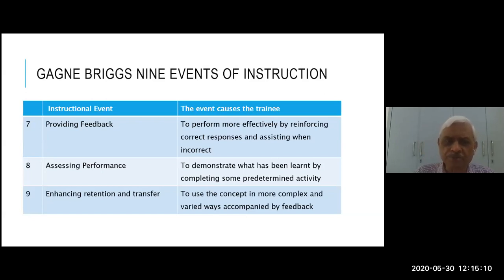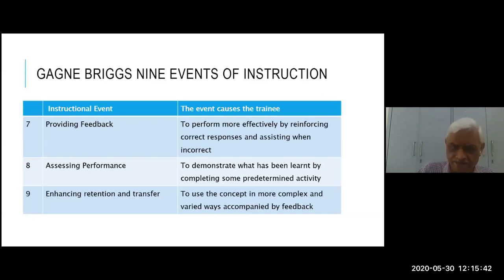It is also your own performance, in the sense of how much trainees have really been able to learn and do. In this stage, the trainee is demonstrating what has been learned by completing some of the activities you have designed for them, and that leads to your understanding of whether they have performed well.